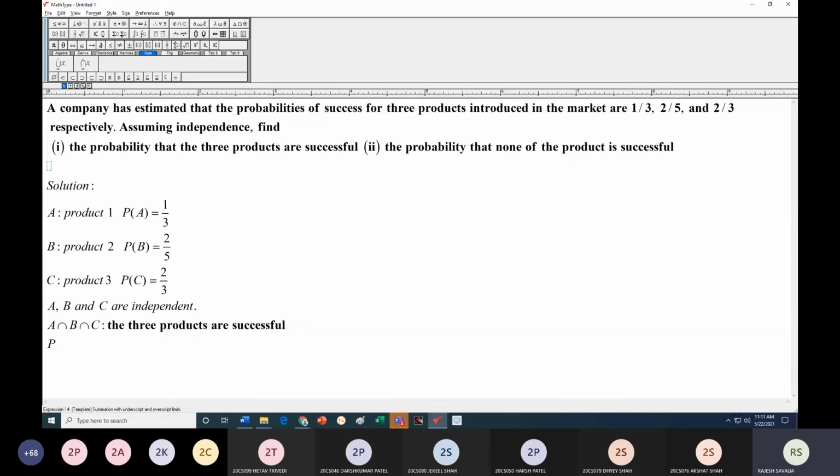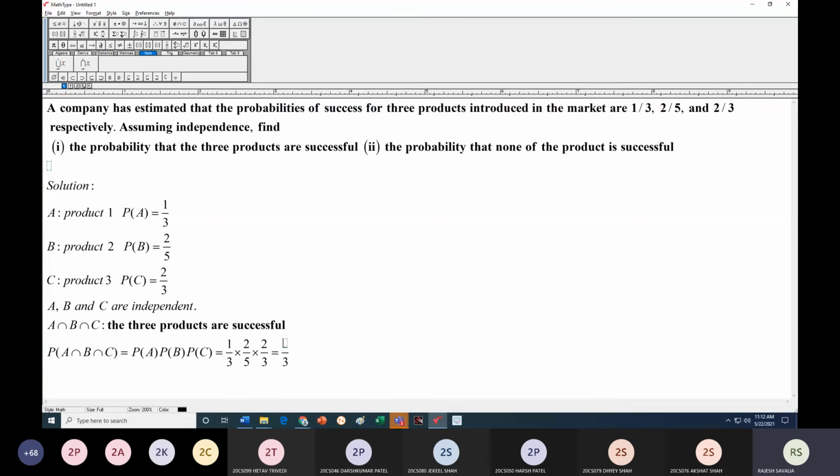Next, now all 3 events are independent. Then from joint probability you can say that it is probability A into probability B into probability C. So final answer is 1 by 3 into 2 by 5 into 2 by 3.